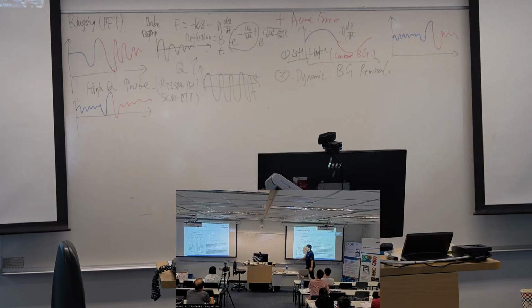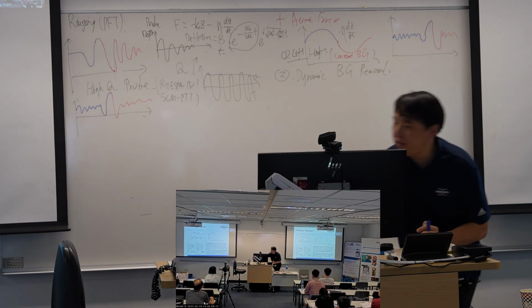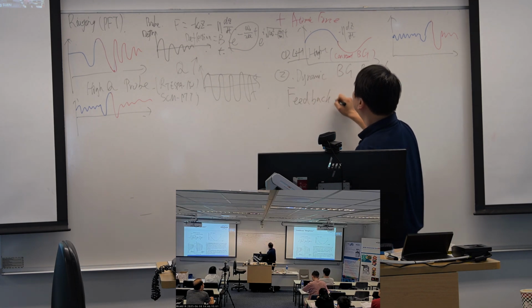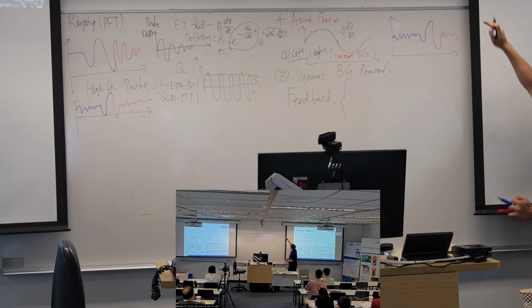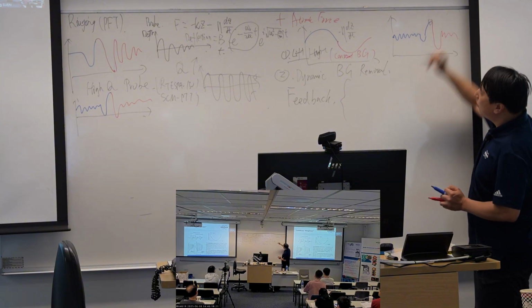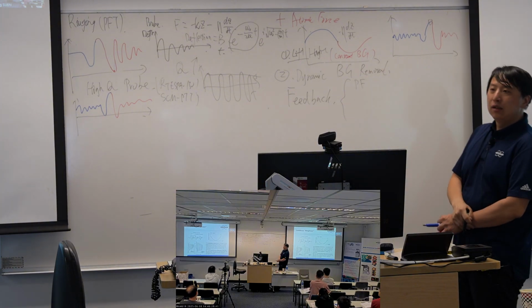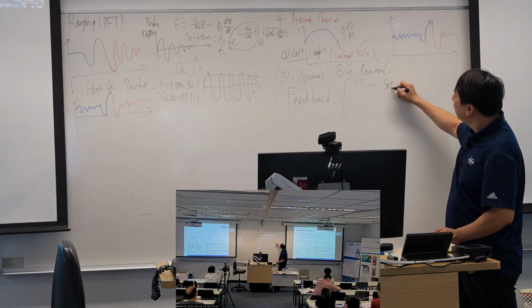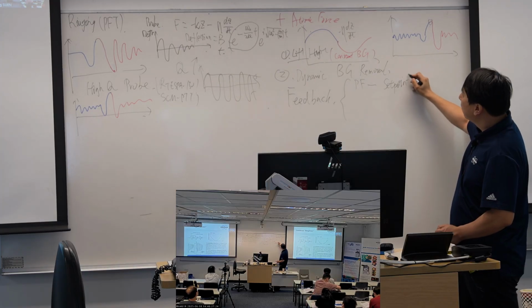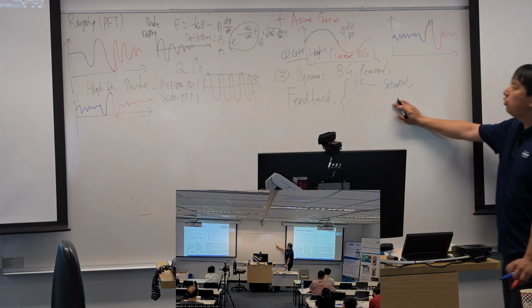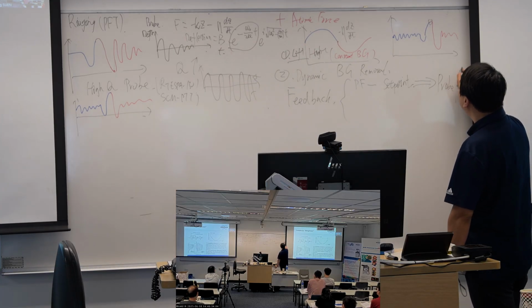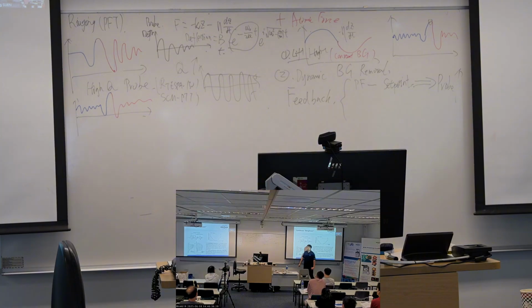Okay, the next thing we need to think about is our feedback. Our feedback is we capture this peak force, we compare it with our set point, and then we use this to drive our probe moving up and down to finish the feedback mechanism.